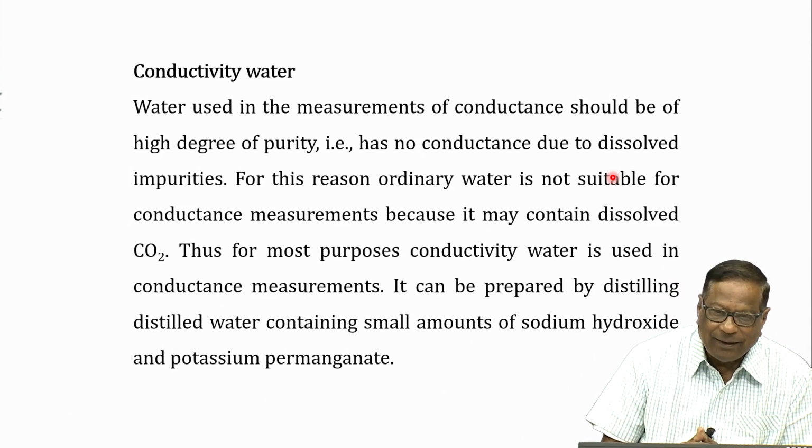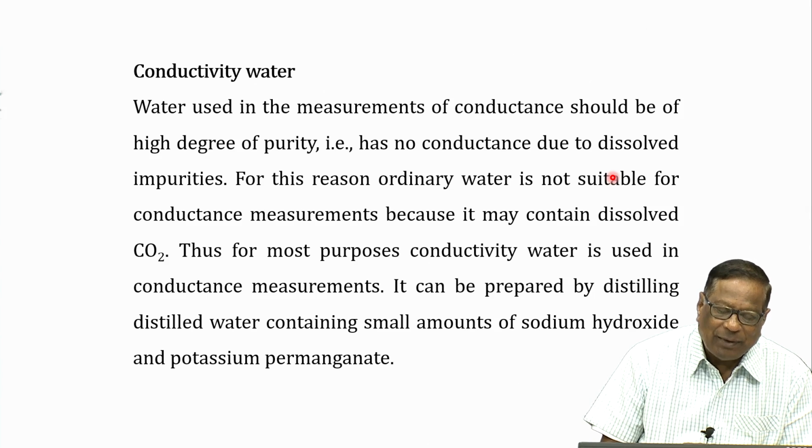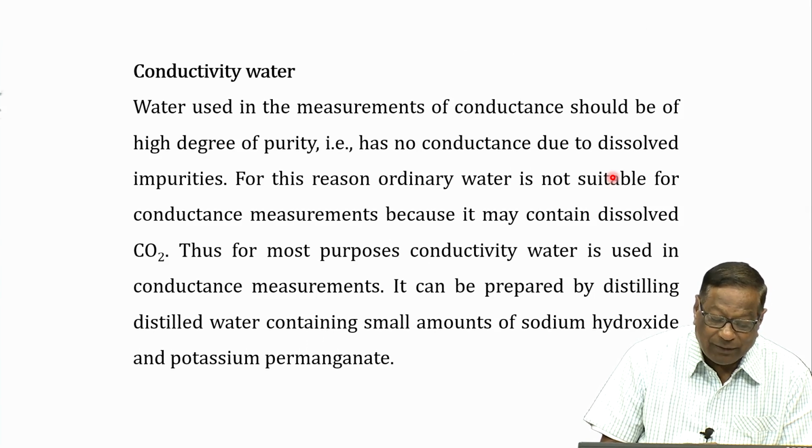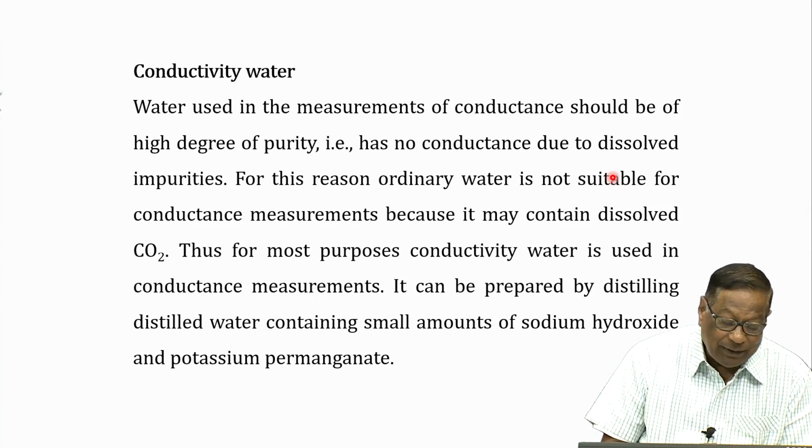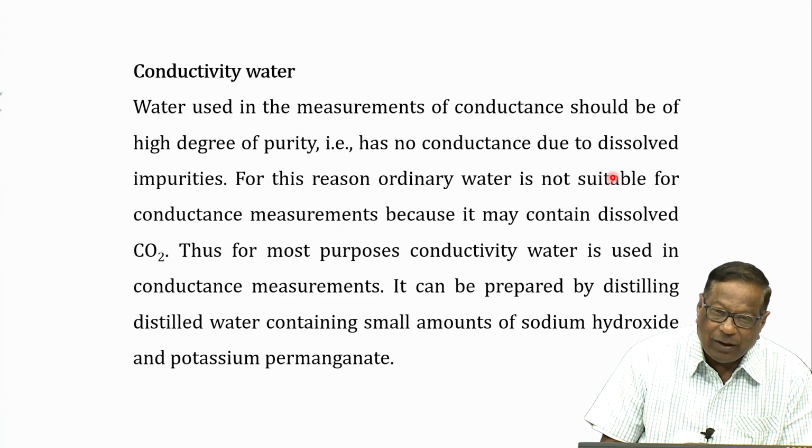The reason is CO2 will dissolve in water producing carbonic acid, that is H2CO3, which can ionize as H plus and HCO3 minus ions. So, again conductance is introduced. So, for most purposes conductivity water is used in conductance measurements without dissolved carbon dioxide.